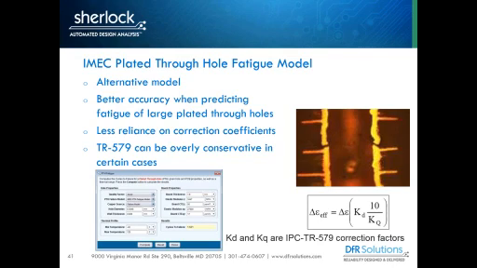It's a good background on the physics of failure of plated through holes. But there is some engineering judgment when picking some of the correction factors for it. The IMEC model gets rid of those for you, so the engineer doesn't have to make these judgment calls on what he thinks the quality factor for these plated through holes are.